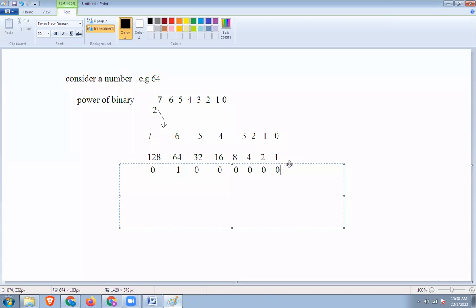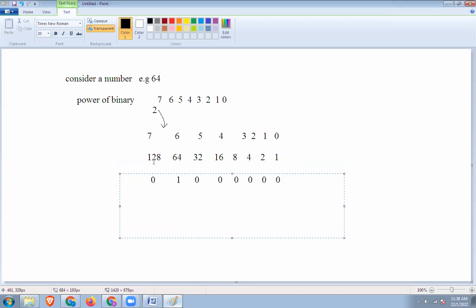So if you multiply 128 into 0, 64 into 1, 32 into 0, 16 into 0, and so on, and add them up, you will directly get only 64. So you will get 64 here as the equivalent binary. Is everyone getting it? So this is my 64 number.